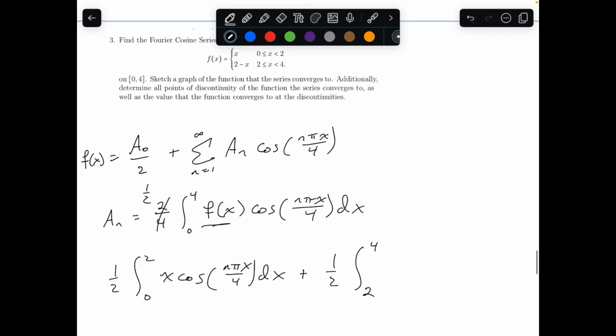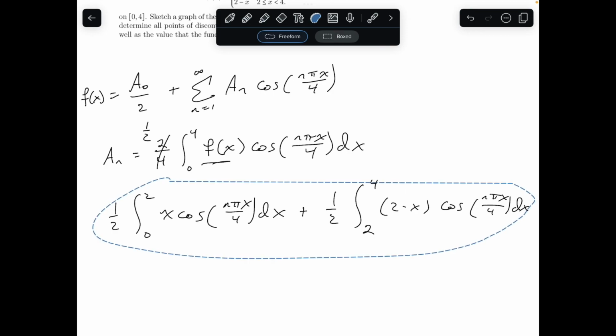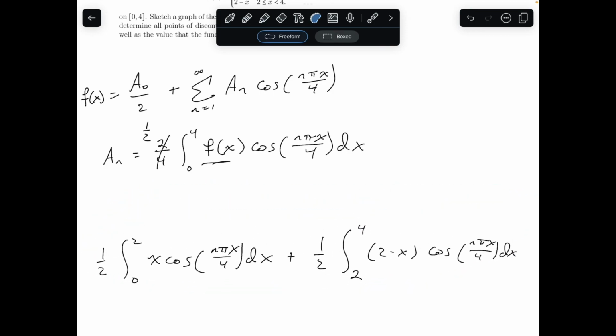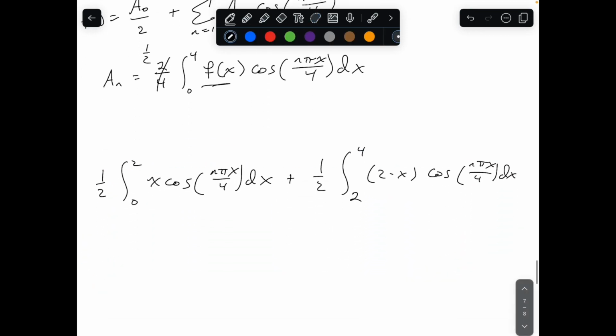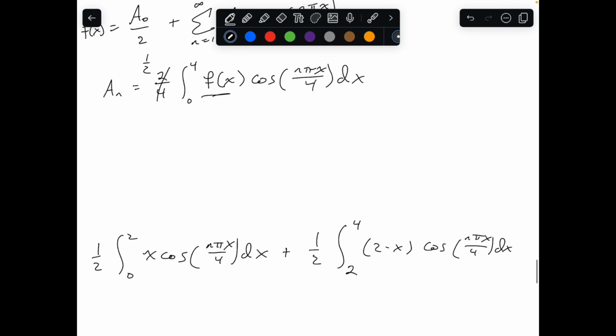And then from 2 to 4, f is equal to 2 minus x. By the way, this is all for n greater than 0.